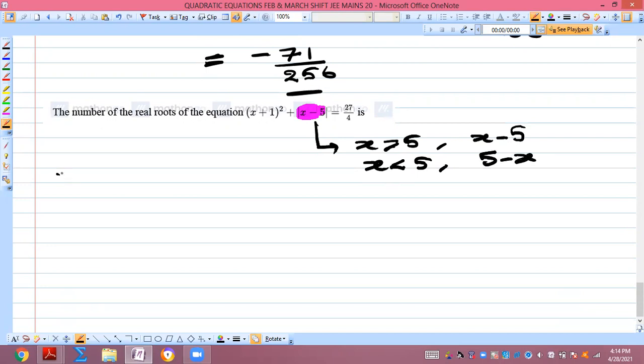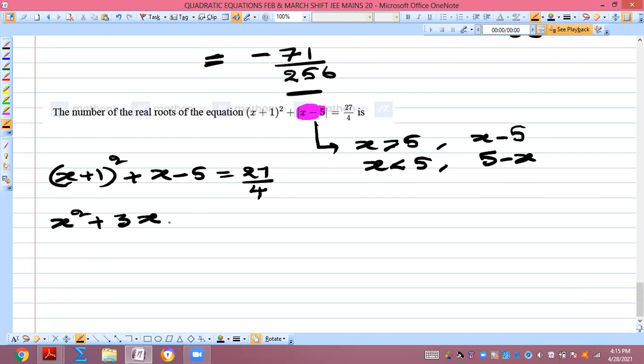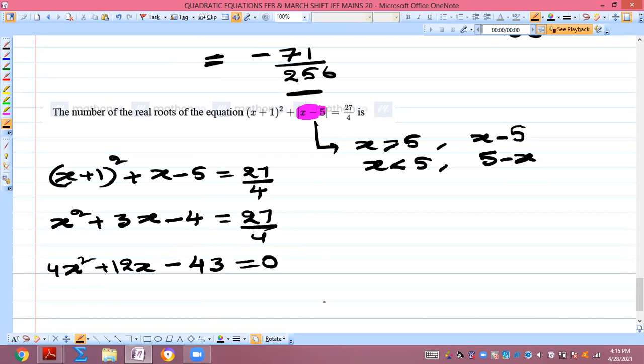Okay. So if you see, x plus 1 whole square plus x minus 5 is equal to 27 by 4, which is x square plus 3x minus 4 is equal to 27 by 4. So 4x square plus 12x minus 16 minus 27, that is minus 43, equals 0. This is one of the equations.